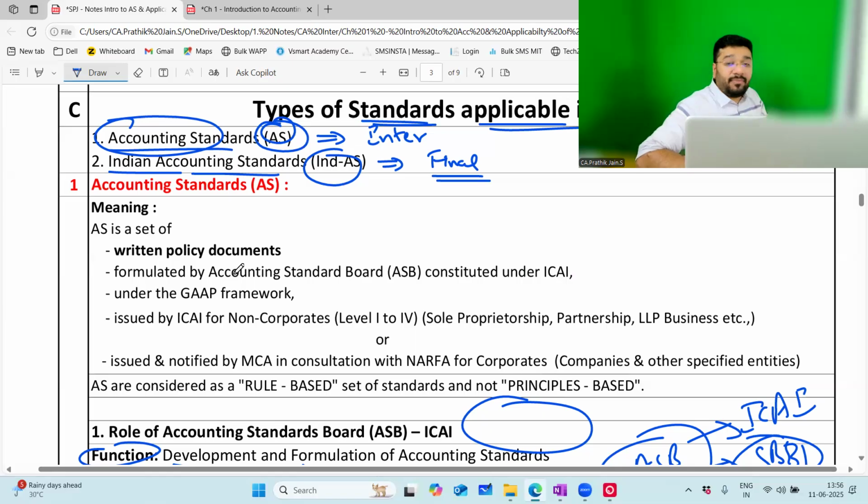Based on the input taken from them, what do we do? We formulate the objective of the AS, the scope of the AS, how the item should be recognized, measured, presented and disclosed. Everything is drafted in a document called the preliminary draft. Then this PD was prepared by the study group and handed over to ASB.